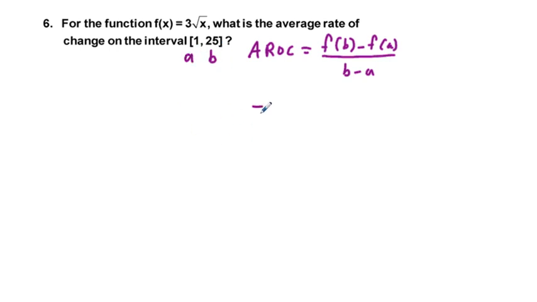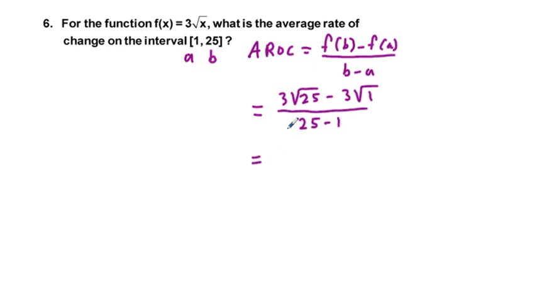So for that, f of b is going to be 3 square root of 25, minus 3 square root of 1, all over 25 minus 1.